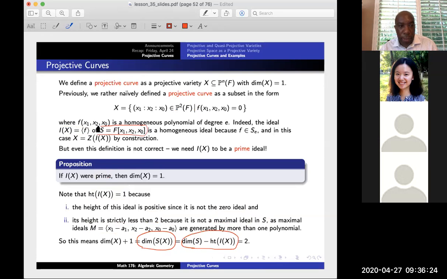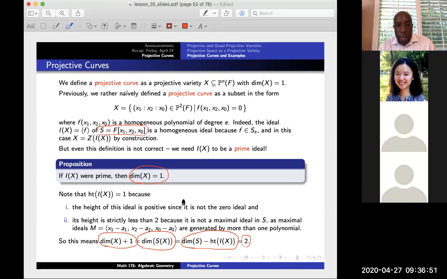So again, this here is S, it has dimension 3. I just proved that the height of this prime ideal is 1, so this means that the dimension has to be 2. But the dimension of X plus 1 is the dimension of S over I of X, so the dimension of X here has to be 1. Right, so this here is just a matter of counting.